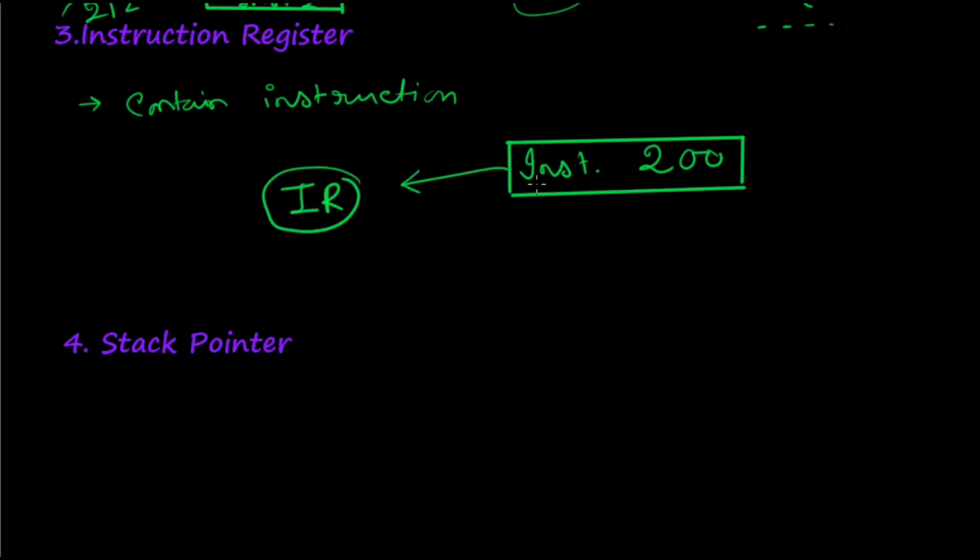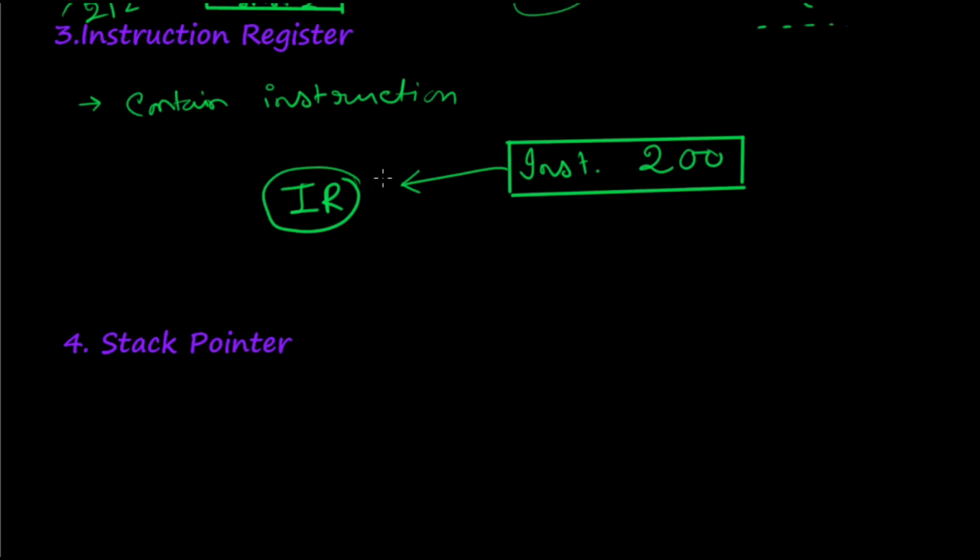So inside the instruction register new instructions keep coming. Of course, while coming to the instruction register, it goes somewhere else also. I will tell you after a while what that register is, but eventually every instruction has to come inside the instruction register.